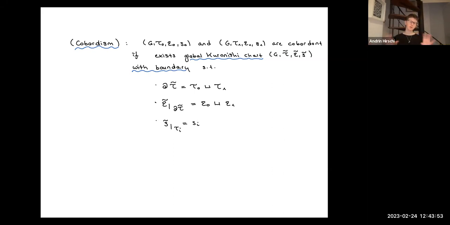The only point you have to notice is that these auxiliary data I chose, you can choose them in a uniform way to explicitly construct a cobordism of charts, of thickenings of your moduli space. Any questions about this?